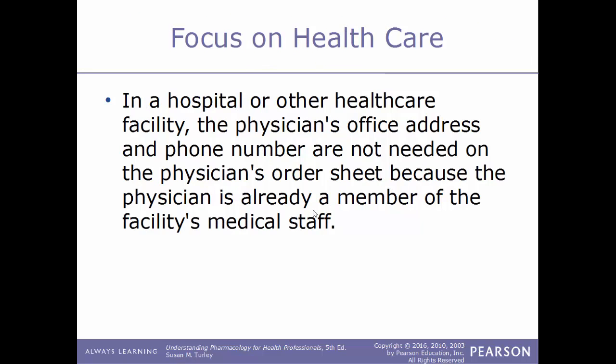Okay, a quick focus on healthcare. In a hospital or other healthcare facility, the physician's office address and phone number are not needed on the physician's order sheet because the physician is already a member of that facility's staff.